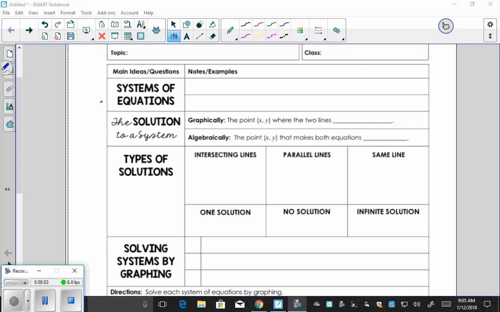Today we're going to be talking about systems of equations. You have a system of equations when you have two or more equations with the same variables.